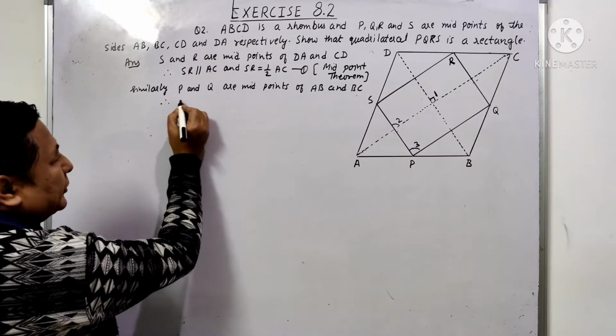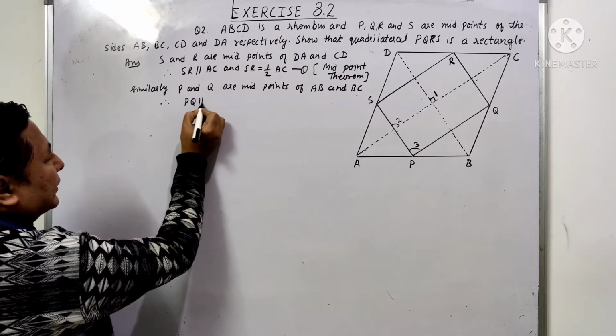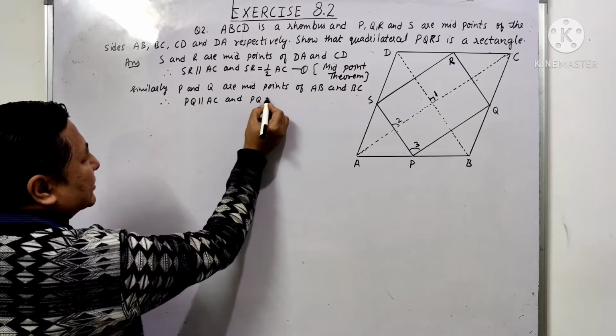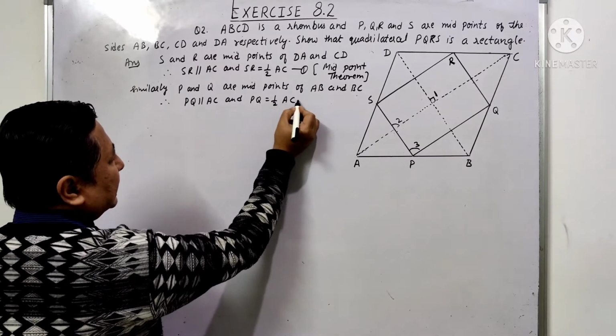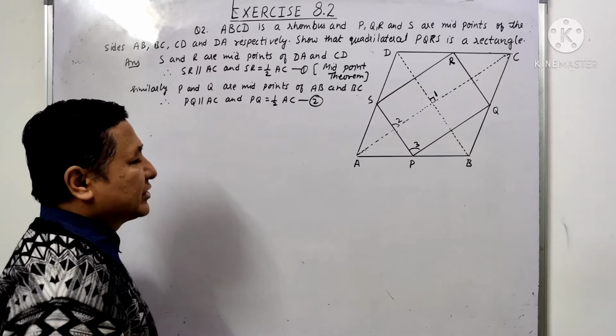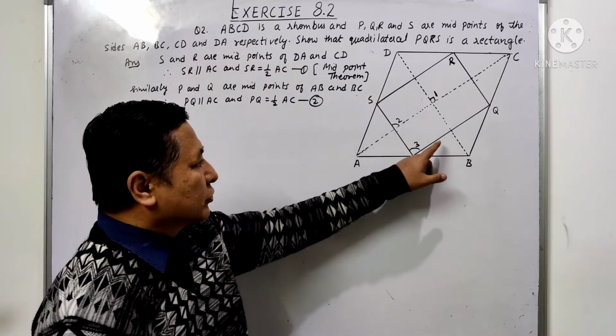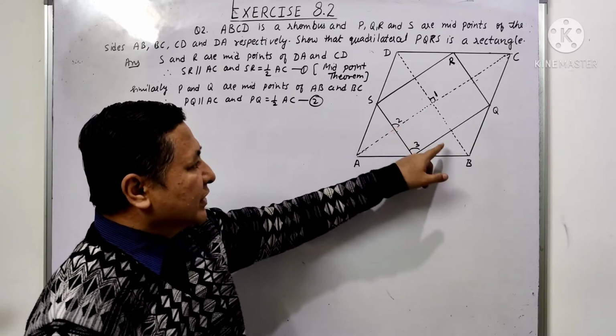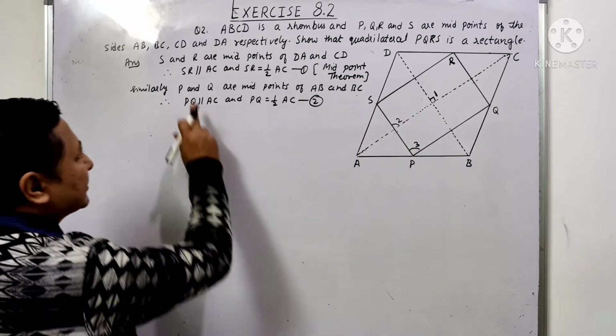Therefore, PQ will be parallel to AC and PQ is half of AC, and that is also due to the same reason, that is the midpoint theorem. So SR is parallel to AC and PQ is also parallel to AC.